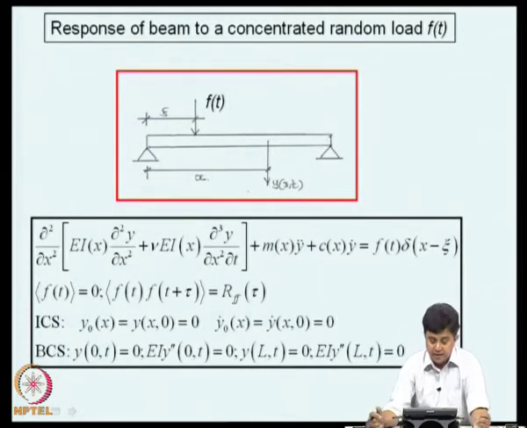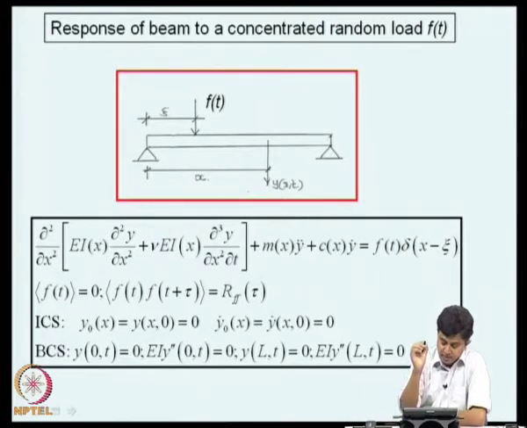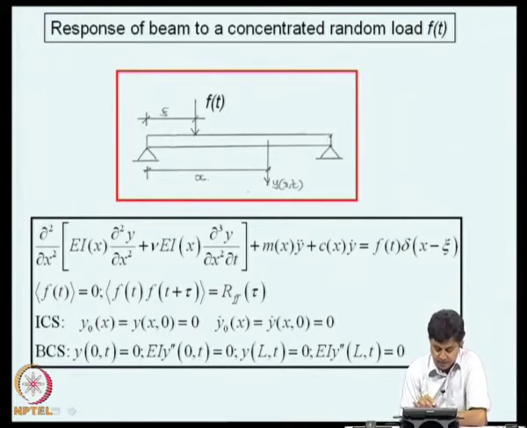Now, we will consider the problem of beam subjected to random excitations. To start with, we will consider the problem where the beam is driven by a random process f of t at a point x equal to psi, and we are interested in response y of x comma t.